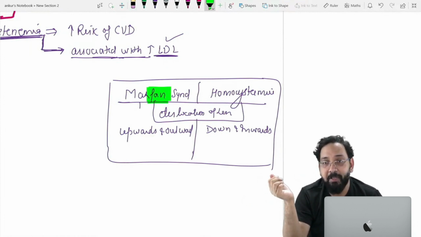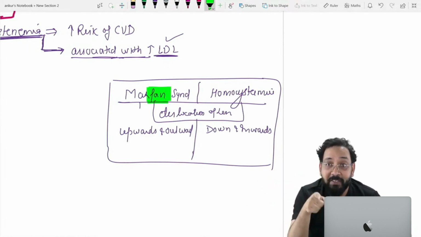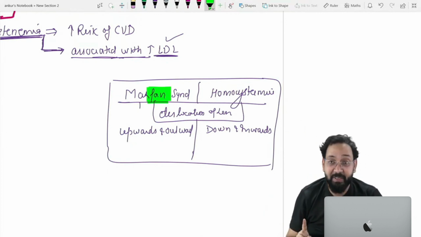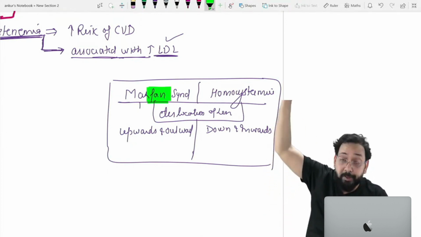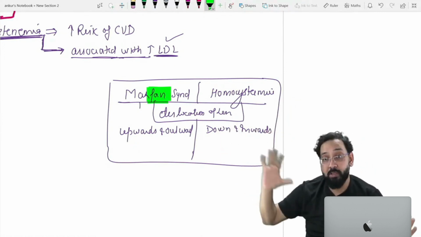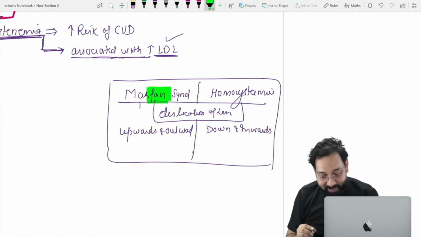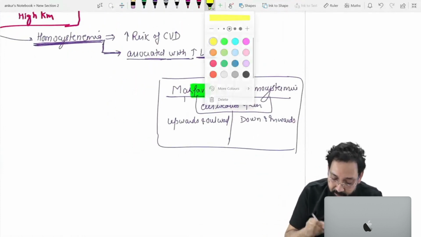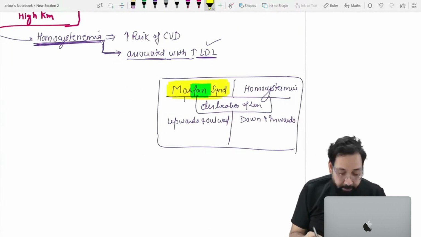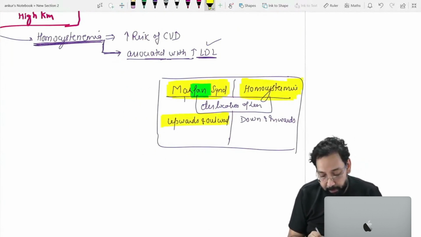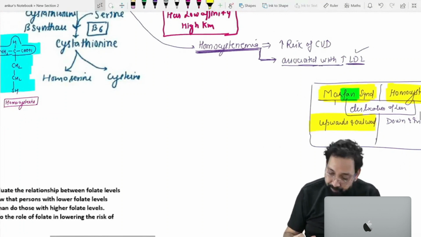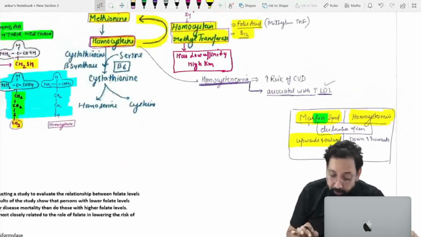Then I said, okay, don't worry, I remembered the fan of a split AC. Split AC fan is upward and outwards. So I changed the mnemonic, but although you have remembered this in your own way, sometimes we forget. Marfan: upward and outward, fan of split AC. Okay, clear?